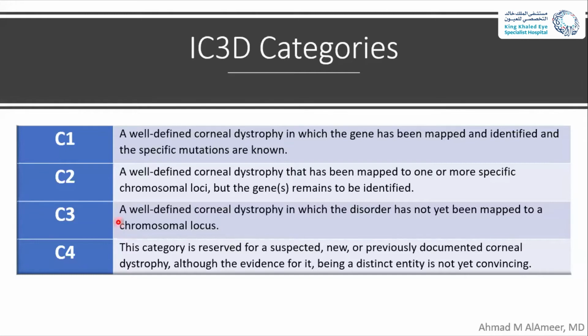In category 3, the corneal dystrophy has not yet been mapped to any chromosomal locus. And C4 or category 4 is a suspected new or previously documented corneal dystrophy, and the evidence for it is not yet convincing. We will focus today on category 1 and category 2 mainly.